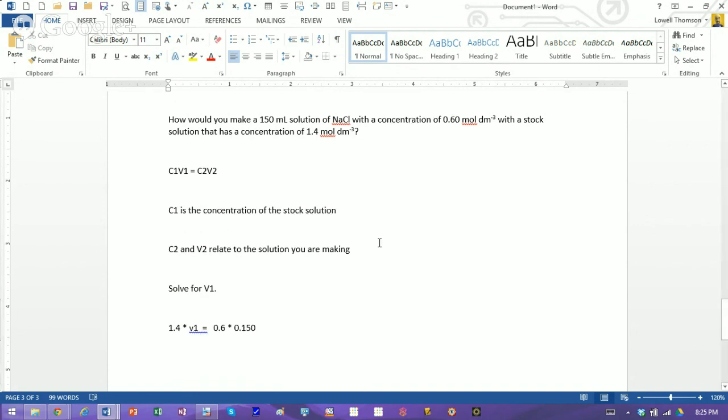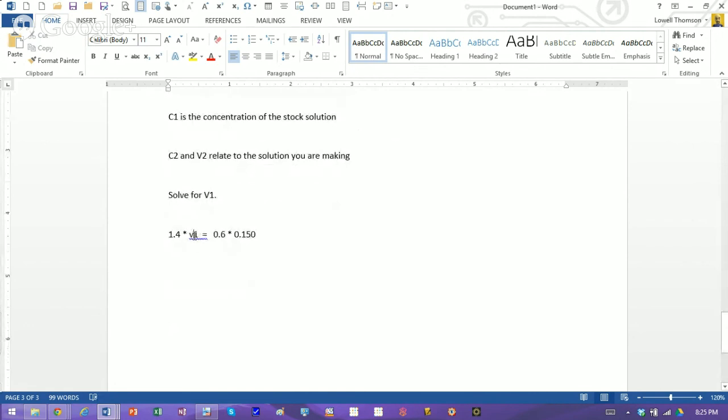Think about what I've done here. I'm going to solve for V1, and on the right-hand side, C2 and V2, this is the concentration and the volume of the solution I'm going to make. So if I do the math, I'm going to take 0.6 times 0.15, and then divide by 1.4. The answer I get is 0.643 liters, which is 64.3 milliliters.